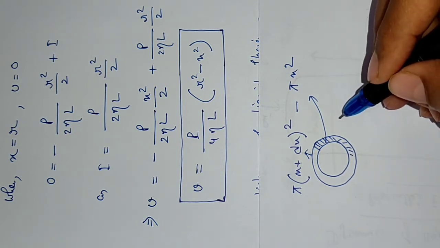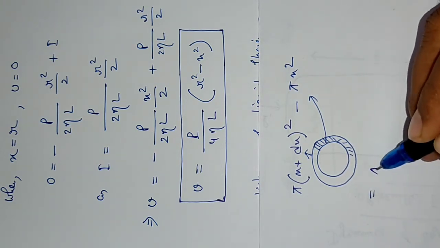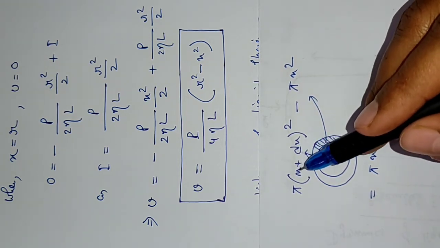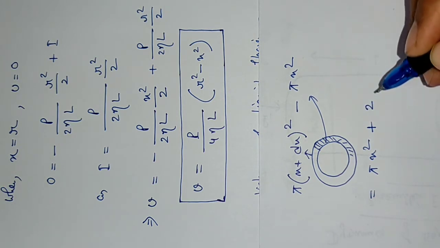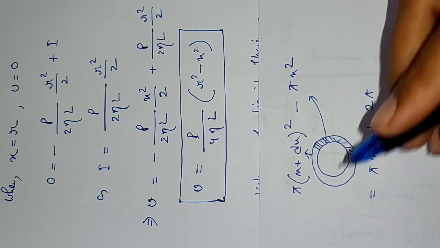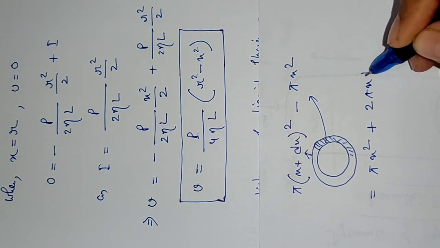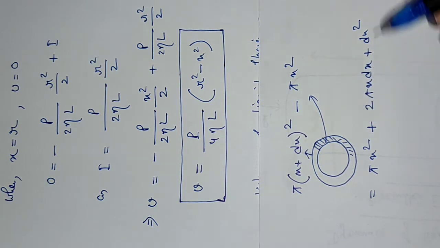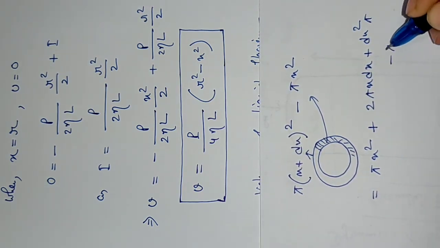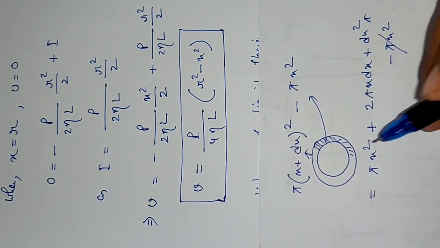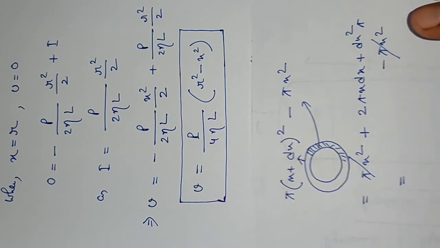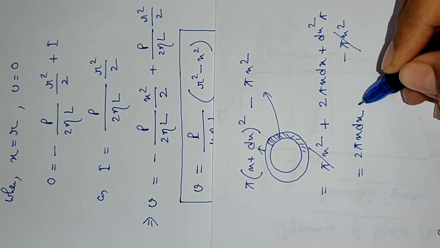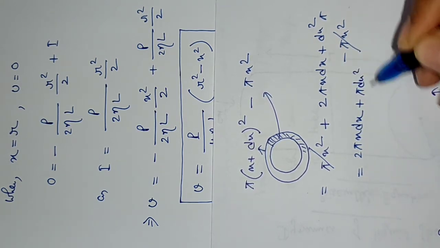Now this will be given as pi x square plus 2x dx, so it will be 2 pi x dx plus dx square into pi, minus pi x square. So this will cancel out and we will get 2 pi x dx plus pi dx square.